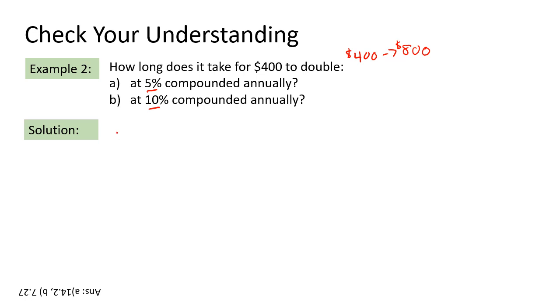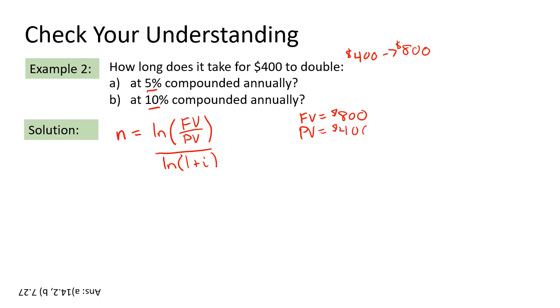So remember our formula, n is equal to the ln of the future value divided by the present value, divided by the ln of 1 plus the periodic interest rate. So we know in this question that the future value is $800, or in other words, double what you started with, because the present value is $400.